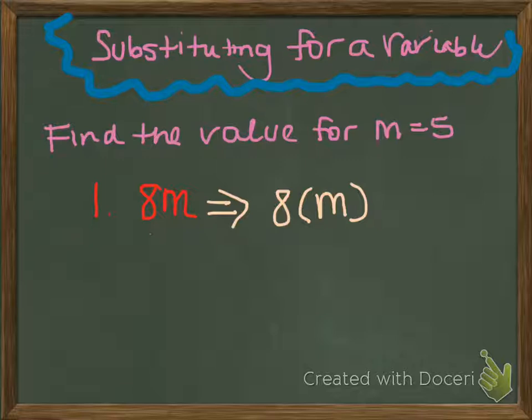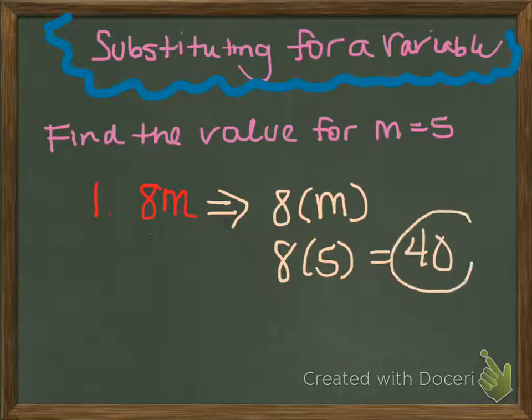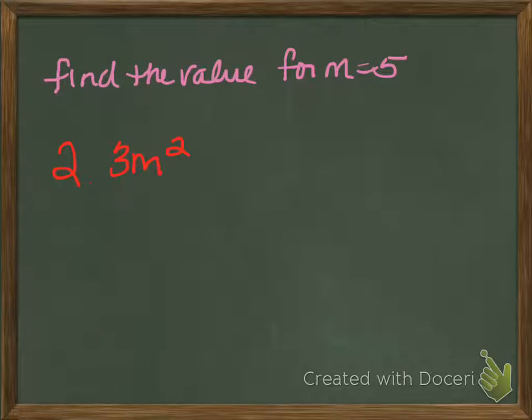That is inaccurate. So now I rewrote this as 8 times m. Now instead of m, I'm going to write 5. So I have 8 times 5, and that answer is 40.